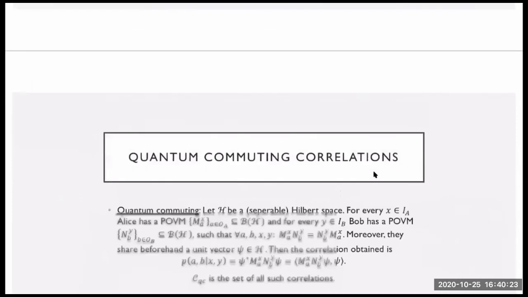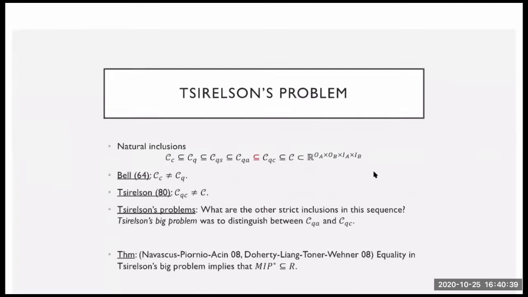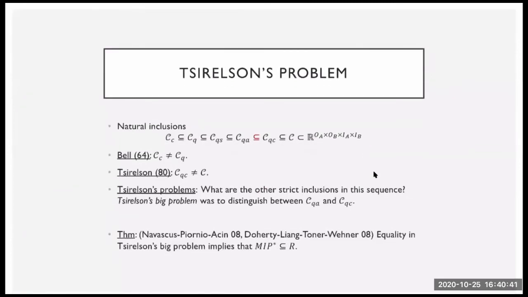This means that if CQA is the closure of CQS, it's also the closure of CQ. This is just a fact. And now, at last, I can talk about Tsirelson's problem.